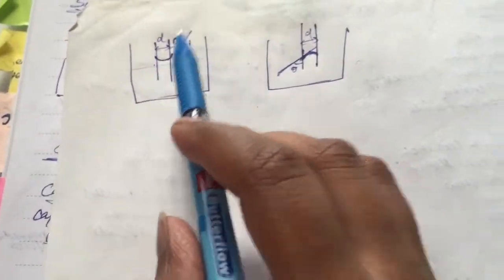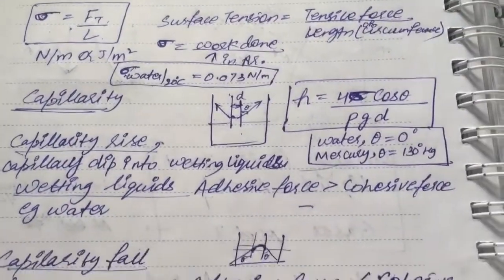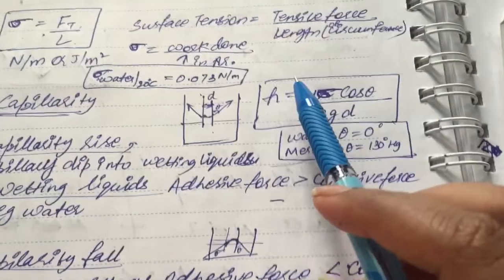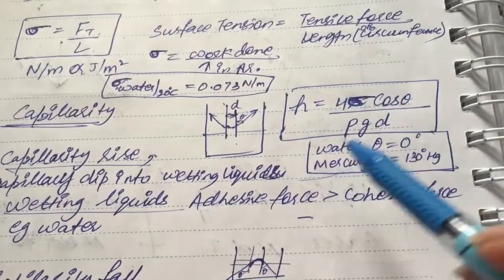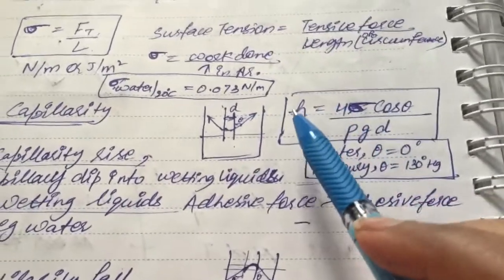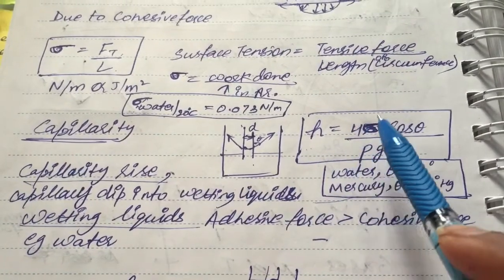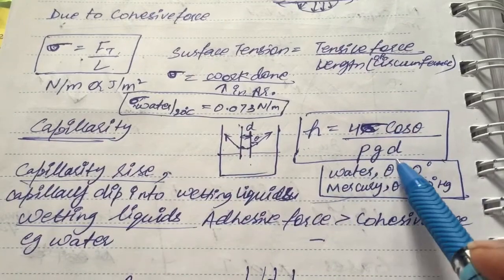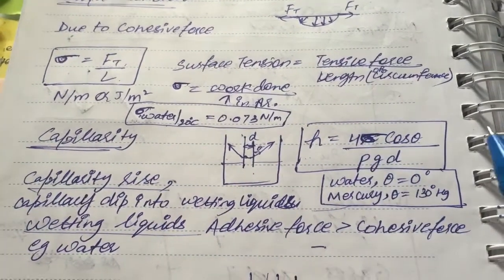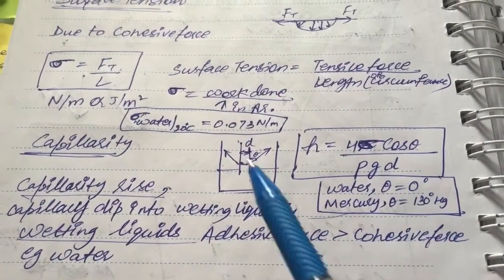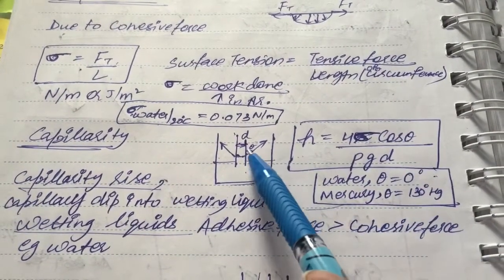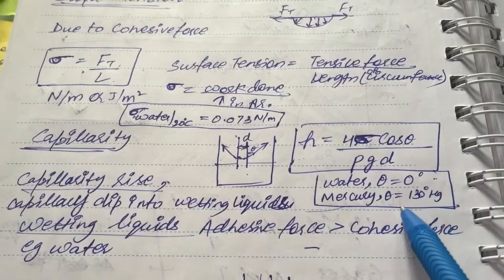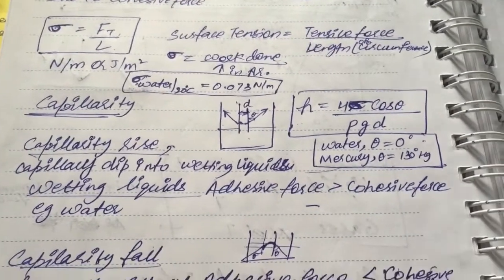So capillary rise and capillary fall are two concepts, and the height with which there is rise or fall is given as h is equal to 4 sigma cos theta by rho g d, where sigma is our surface tension. In case of water, this angle theta is 0 degree, and in case of mercury, this theta angle is 130 degree for Hg, which is mercury.